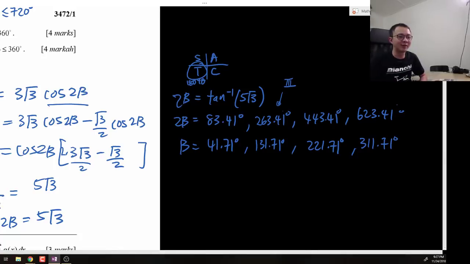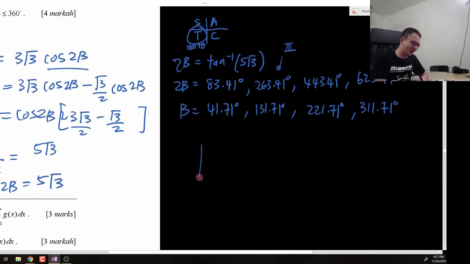How to type the calculator for sin 60? Just type. If you're having the black color calculator, then you have to remember this triangle. This triangle is something like this: 30 degrees, 60 degrees, and then you have 1, 2, square root 3. 1, square root 3, 2. You have to remember this triangle.